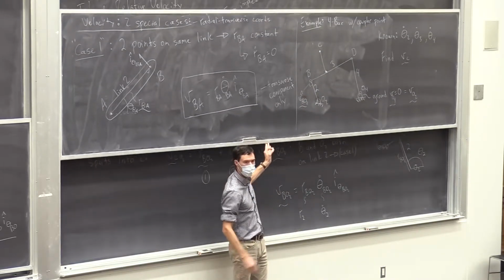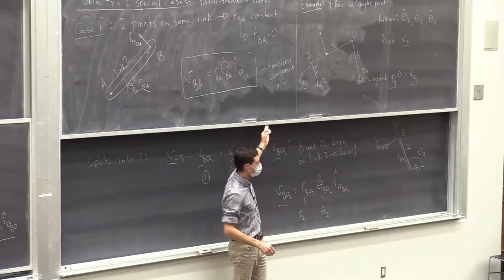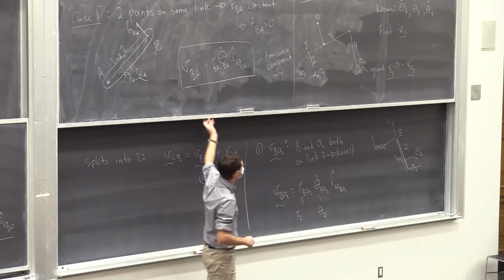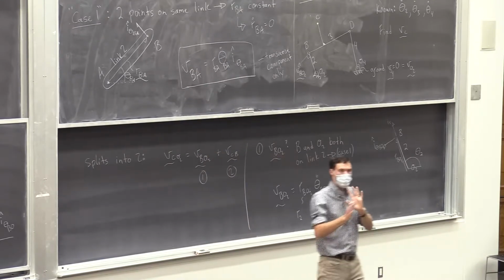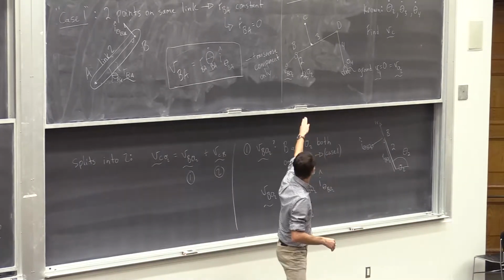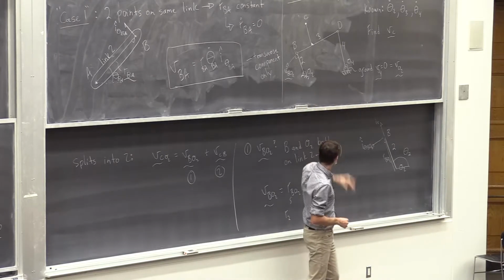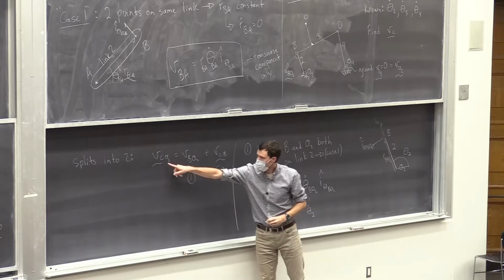Other questions? Yeah, Kai. Sorry, I think you already mentioned earlier we're allowed to use either O2 or O4. Yeah, so I chose O2. You could have started at O4, and then we would have had a different expression here. Give it a try.